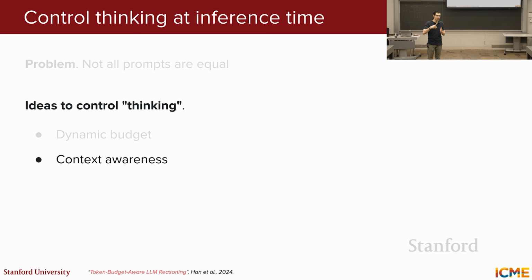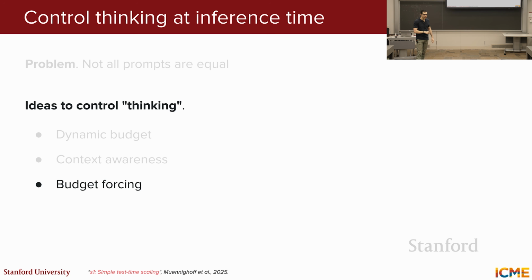So when the LLM thinks, it needs to also be aware of how much context length is left. It cannot think too much because of that limitation. So you need to also have that context awareness.